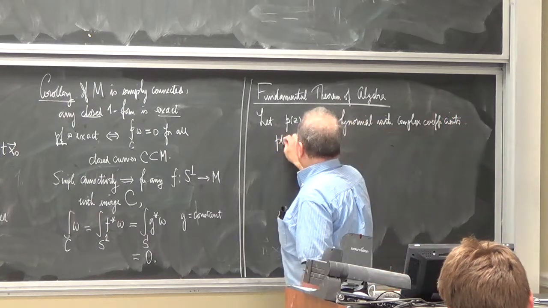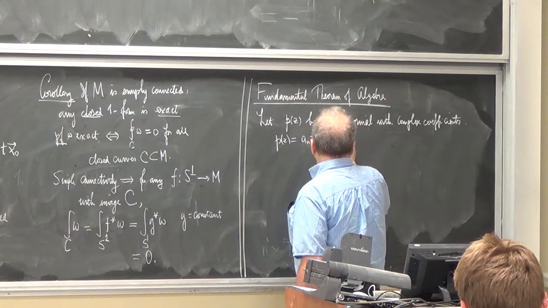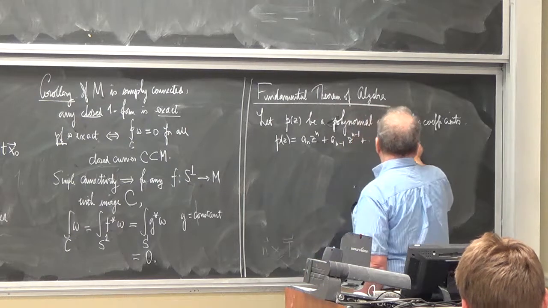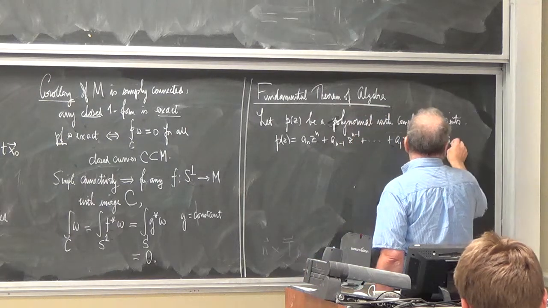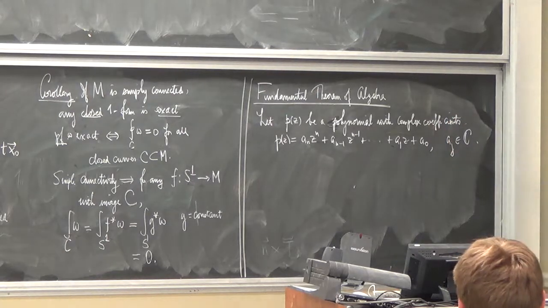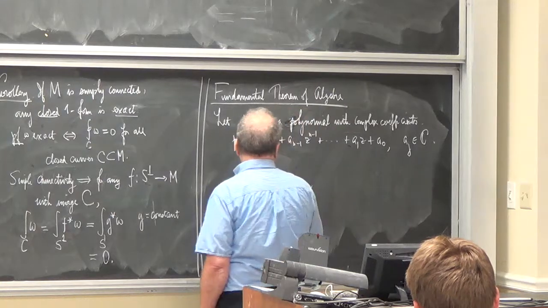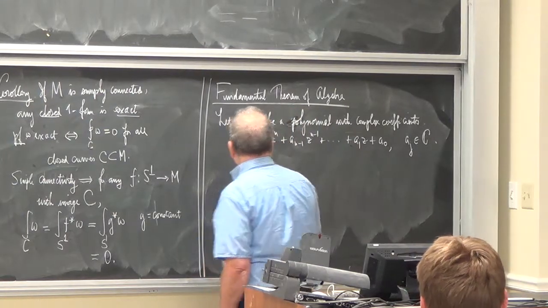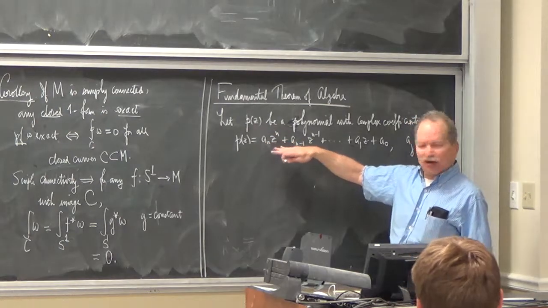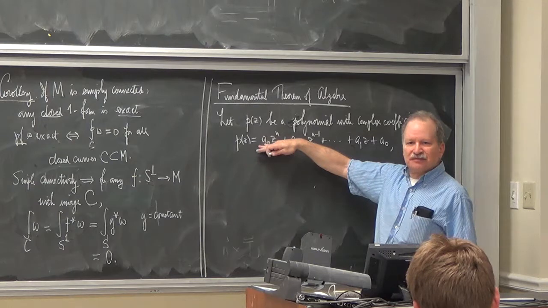So that means you can write it in the form of numbers times powers of your variable, where the coefficients here are all complex numbers. And the stipulation here is that the degree of the polynomial that you're used to from algebra is the highest non-zero coefficient that appears.